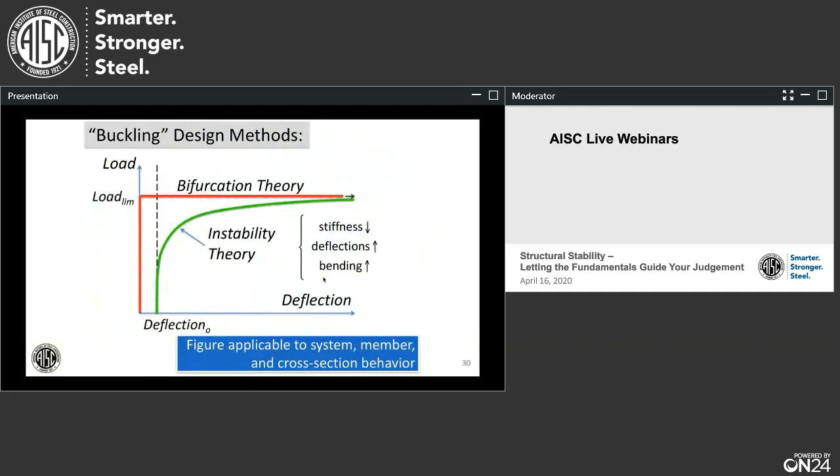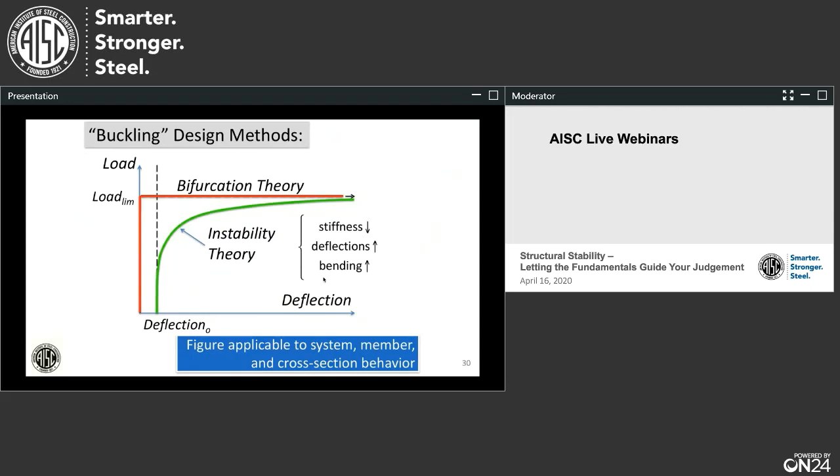For me, this is a really important slide, especially when I was part of the group that brought on the direct analysis method. And we realized, in the 2005 timeframe, that the profession had a fine education in buckling, but it primarily focused on bifurcation theory. I'll use a couple examples to show you that: no deflection and then a sudden deflection.